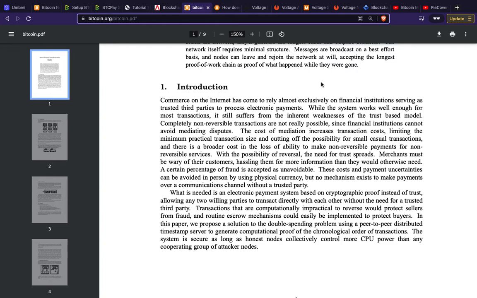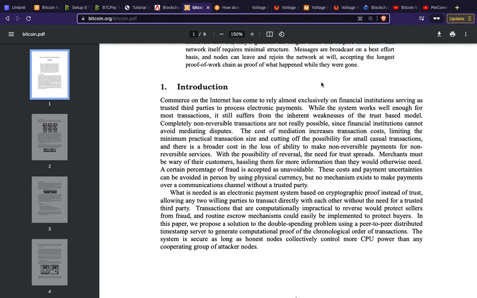So if you want to make a payment over a communication channel, like the internet, you need a trusted party, somebody in the middle, right?